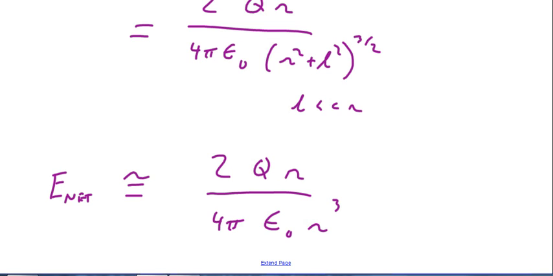All right, now the B part of the problem. Explain why the field decreases as 1 over R squared, whereas for the dipole it decreases as 1 over R cubed.